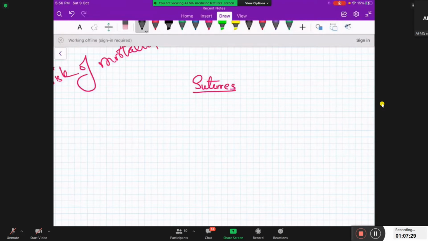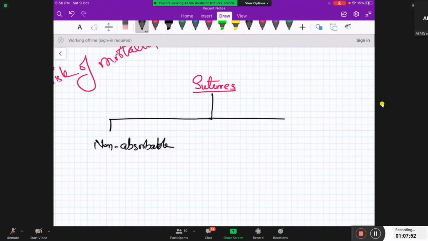But before we understand the concept, we need to remember this classification of sutures, which is very important. The sutures are classified into non-absorbable and absorbable sutures.